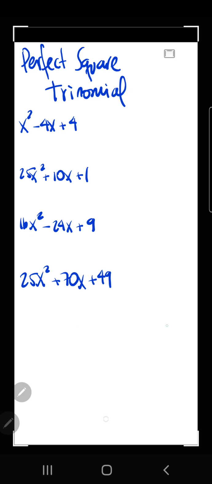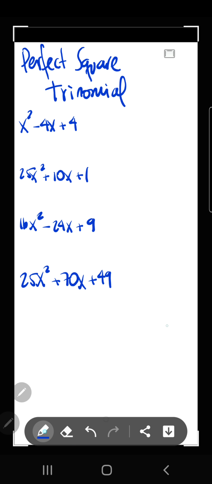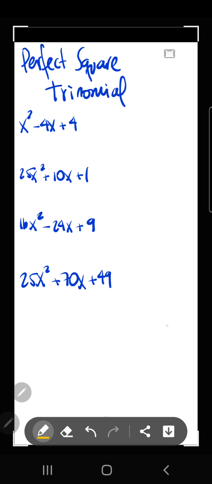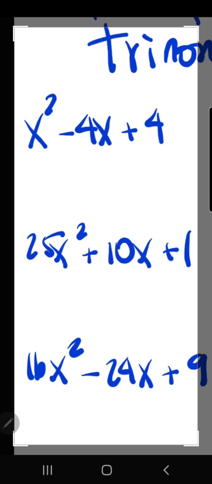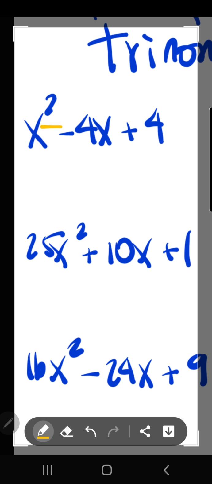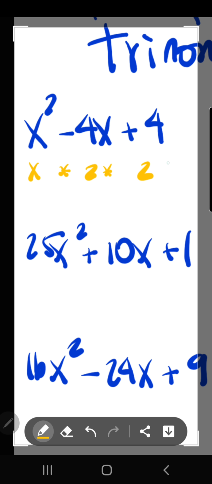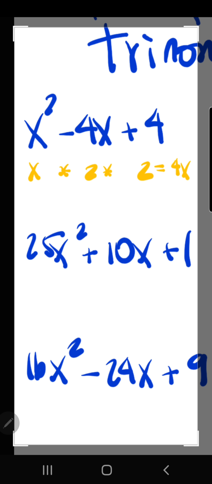So the most important thing is to prove that they are perfect squares. How to prove that? You must take the square root of the first, then the square root of the last, then multiply all of them times 2, and you will have 4x in this case, and this is the same term that we have here.